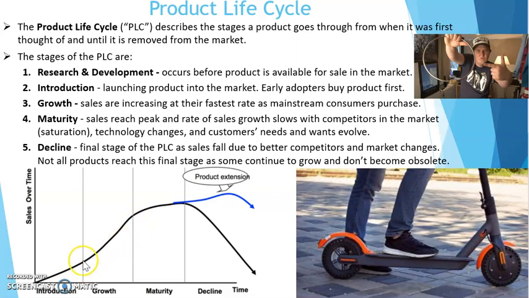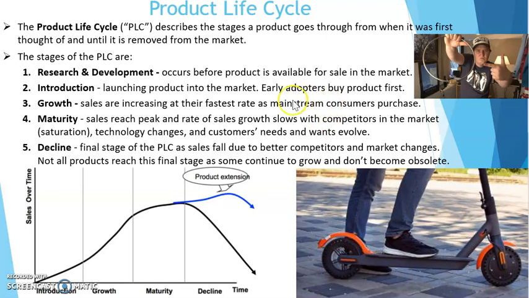Now, during the growth phase, we can see that rates of sale increasing at an increasing rate. Now, this occurs because those early adopters have had a successful experience with the product, and that product awareness is building throughout the market. Through word of mouth and advertising, people are becoming aware of the product and that it can successfully meet a need or want, so they start purchasing these.